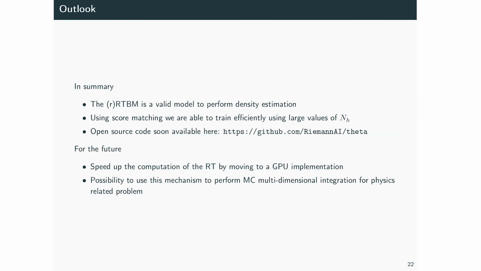And finally, since we have this very cool model for density estimation, and since I have a background in high energy physics, it will also be useful to find a way to fit this in some Monte Carlo multidimensional integrations. So, for example, the part of the importance sampling where we are trying to estimate which probability distribution we are trying to solve would be done by the Riemann-Theta Boltzmann machine compared to other standard models like Vegas or Vegas Plus. I think that this is it for me.